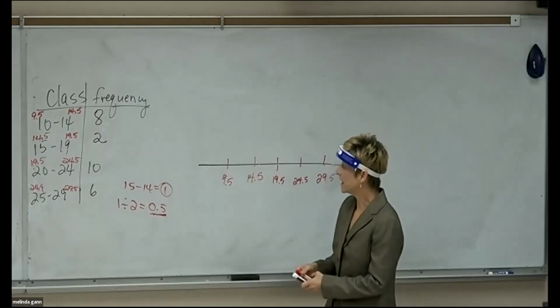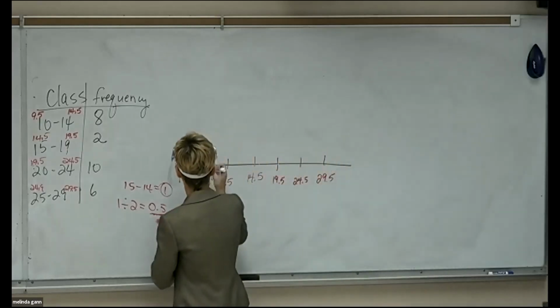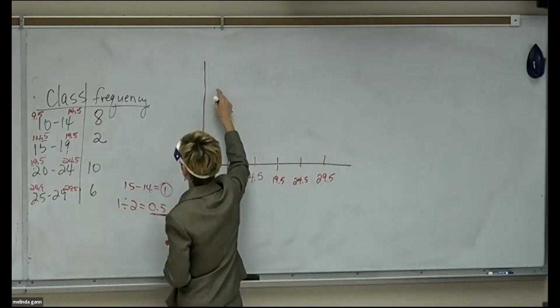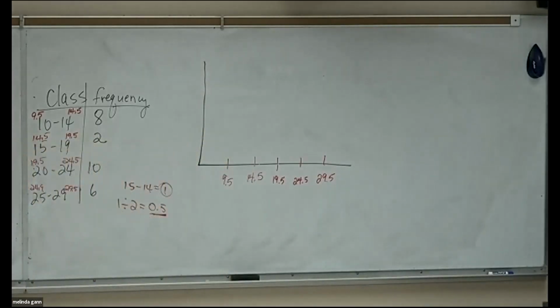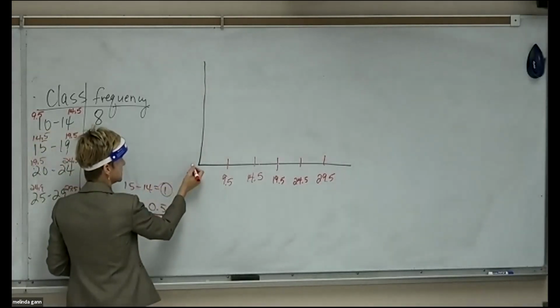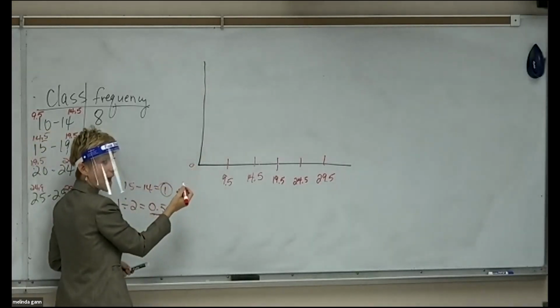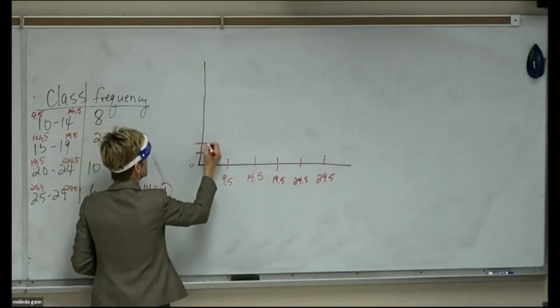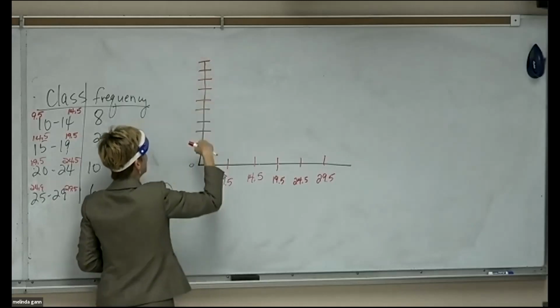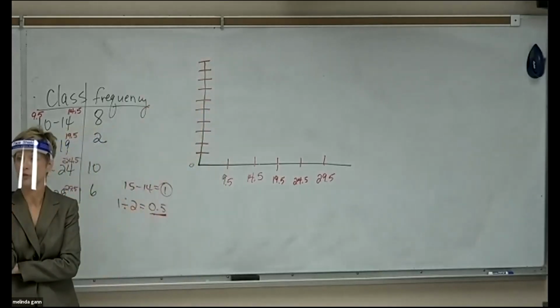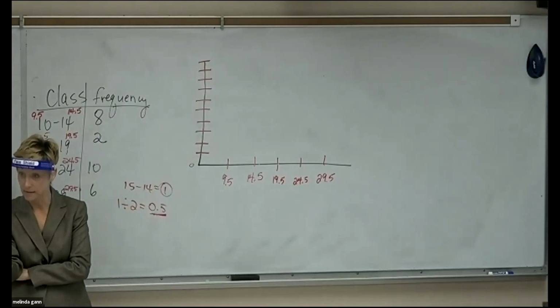Now, then I've got a vertical scale. What goes on this vertical scale? The frequency. Now, what's my biggest frequency? 10. So this thing's got to start with 0, right? If I don't see any numbers, I'm going to assume that you went up by 1.